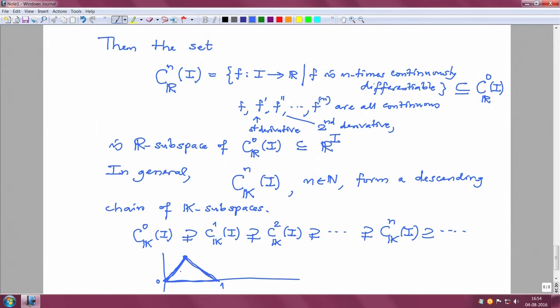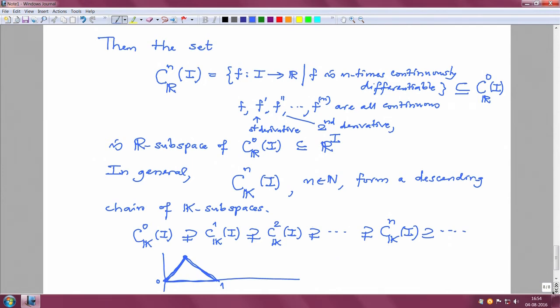This function is continuous, but it is not differentiable at this point, because differentiability means a tangent should be well defined, and here the tangent is not well defined. So this is the example for this. Now from year to year you will have to work harder and harder to find such functions.